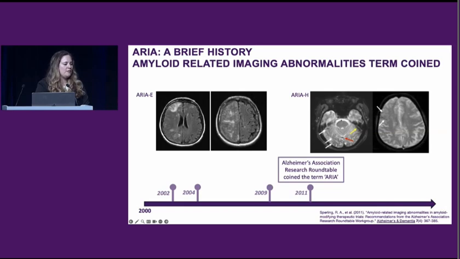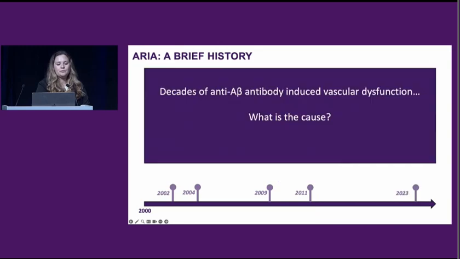And as we heard, they split into ARIA-E and ARIA-H. And so we've had decades of research looking at the vascular dysfunction that results from anti-A beta antibody use. However, we still don't know the cause.